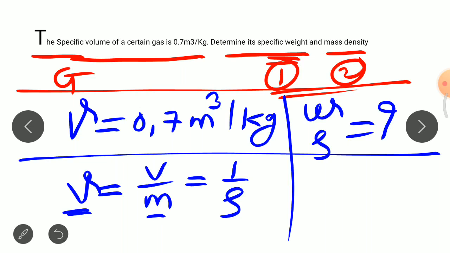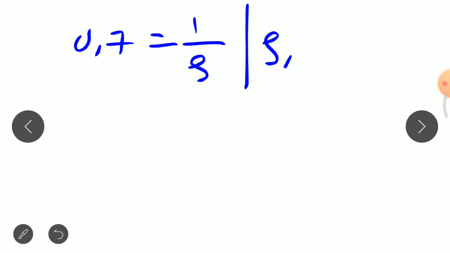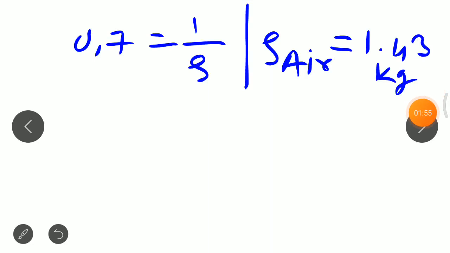Okay, अब हम यहाँ पे v की वैल्यू जो 0.7 है वो पुट कर देंगे, और रो की वैल्यू हमें यहाँ पे मिल जाएगी. तो 0.7 इज इक्वल टू 1 अपॉन रो. तो यहाँ पे क्या करेंगे, सिंपली क्रॉस मल्टीप्लाई करेंगे। क्रॉस मल्टीप्लाई करने के बाद में रो की वैल्यू हमें यहाँ पे मिल जाएगी, rho of air is equal to 1.43 and the unit is kg per meter cube.